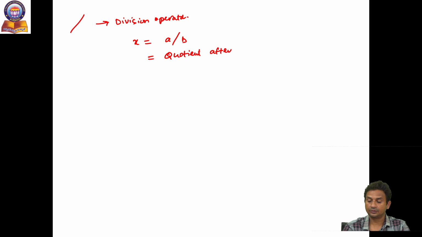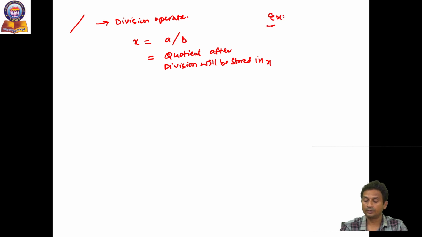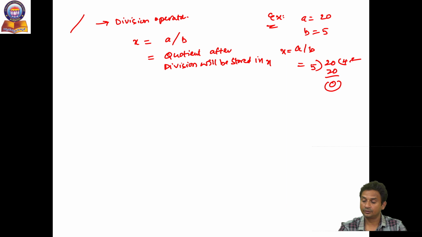For example, let a is equal to 20, b is equal to 5. If I execute x is equal to a by b, this is 20 divided by 5. 5 fours are 20, so the remainder is 0. This is the quotient and this is the remainder. The quotient value will be stored in x, so after execution of this instruction, x will be 4.